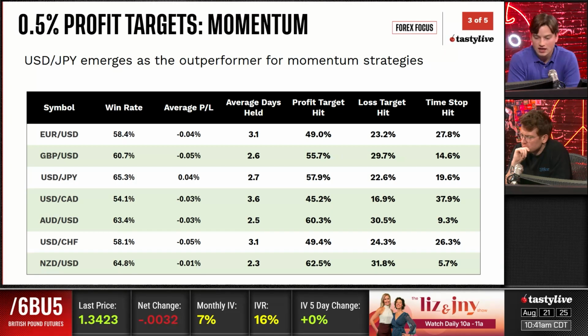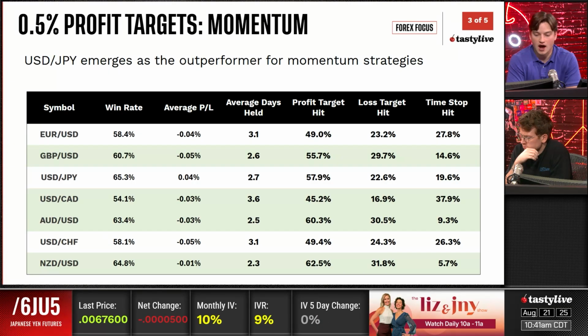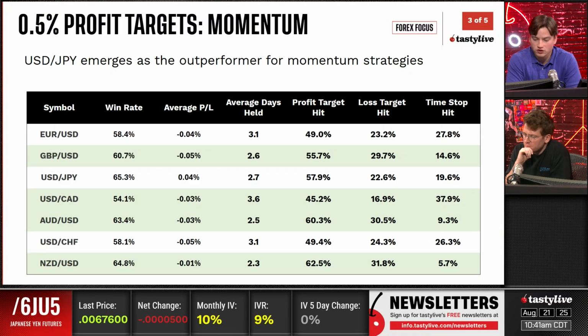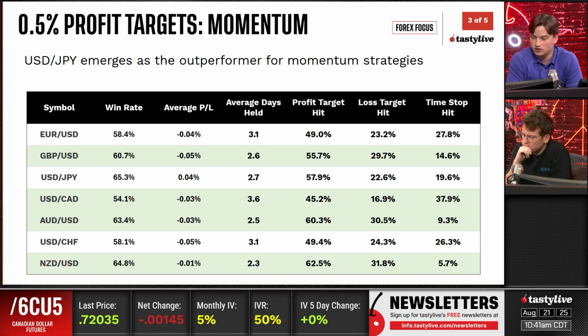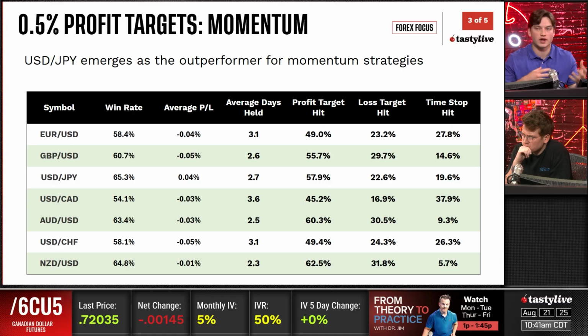So we're seeing, even for momentum here, positive win rates across the board. But like you said, with our asymmetric risk reward needing a lot higher win rate here. Average P&Ls, you're seeing a lot of negatives, and US dollar, Japanese yen is the only one that posts a positive average P&L. Days held hovering around 2 to 3 days. And what's always interesting for me in determining trade entry and trade exit is the time horizon.